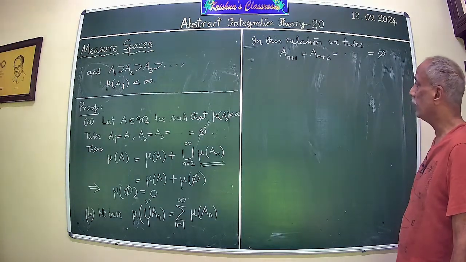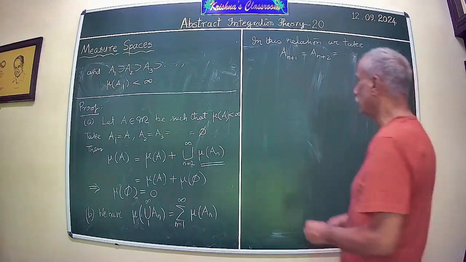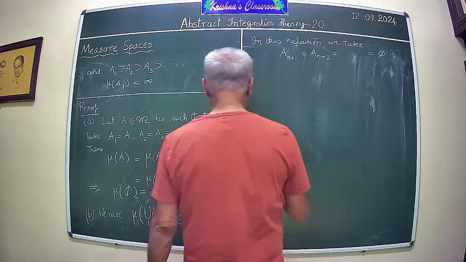Then you know that mu of A(n+1) is 0, mu of A(n+2) is 0, etc. Therefore, in that case, what do you get?